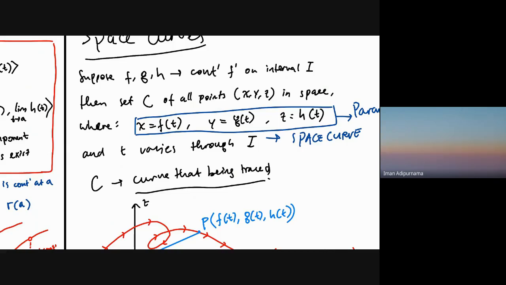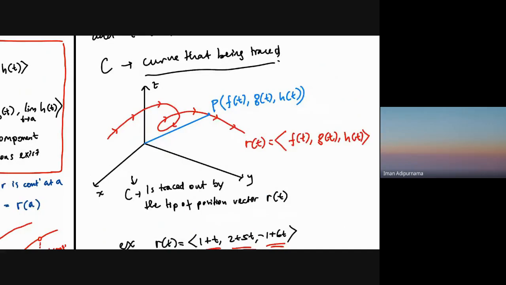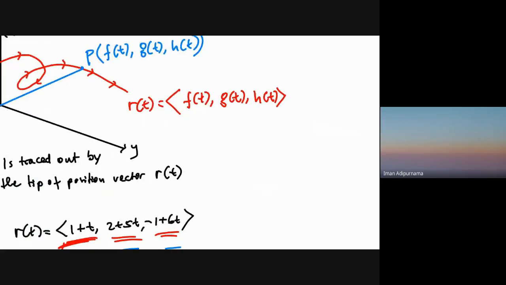So if we have a random curve like this in space, you have 3 component functions f, g, and h, in which all of these functions are x, y, and z. And usually what we write in terms of a vector function is r equals x parametric, y, and z.